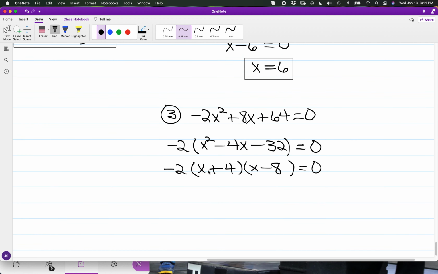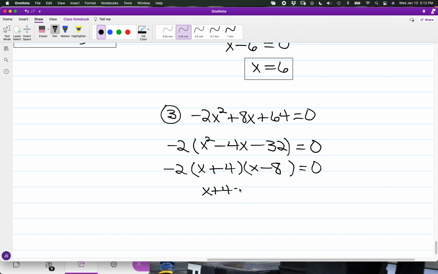In terms of our x factors, negative 2 is just like filler. It's not doing anything with x in terms of the basic operations. It's not adding, subtracting, multiplying, or dividing x. So it's just a dummy factor. It's not doing anything for us in terms of solving for x. But the last two expressions do have an x.